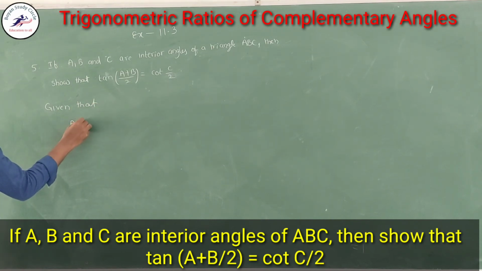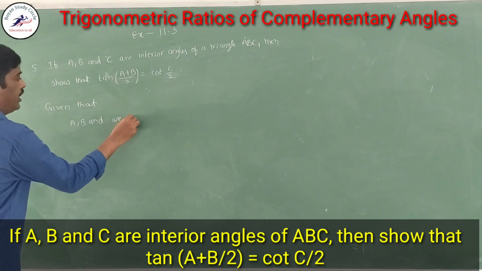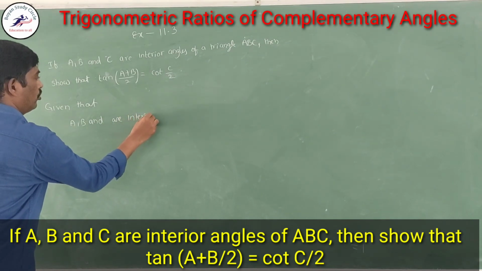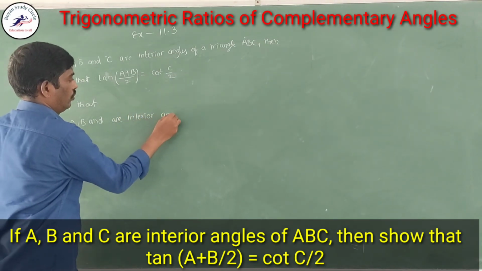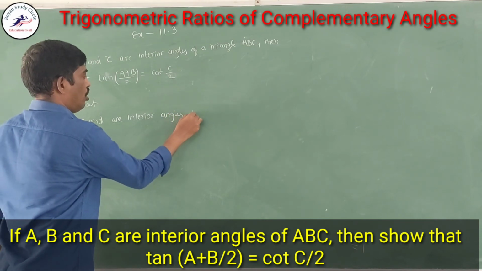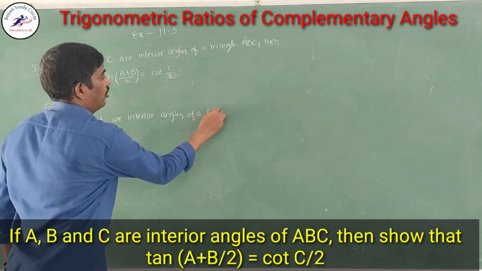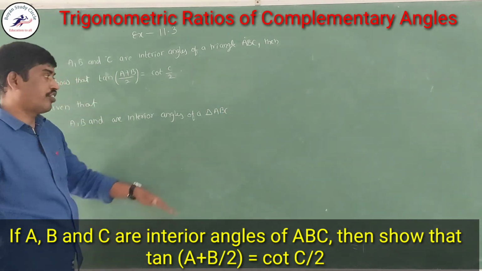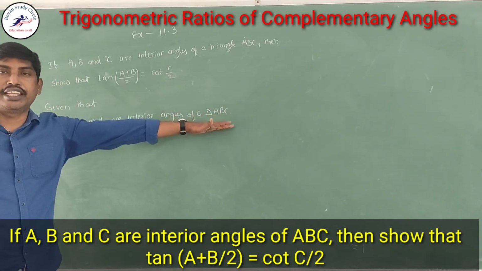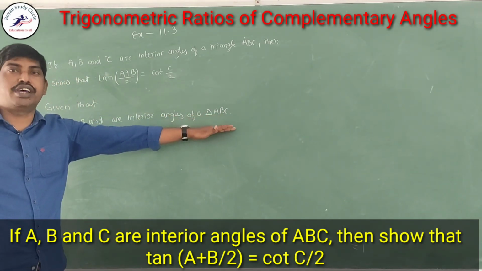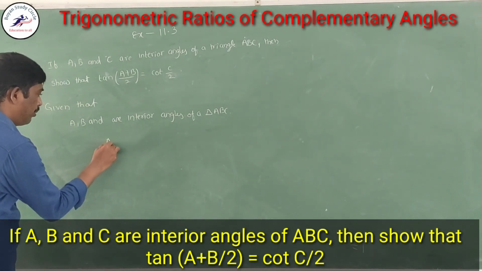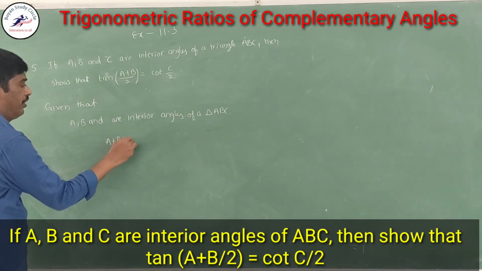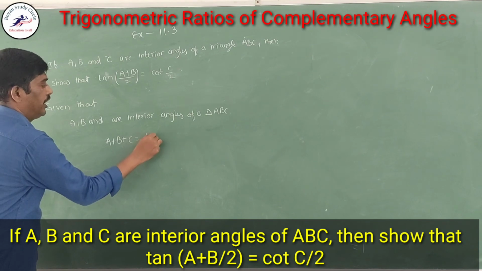A, B and C are interior angles of a triangle ABC. The sum of interior angles in a triangle is equal to 180, we know that. So A plus B plus C is equal to 180 degrees.